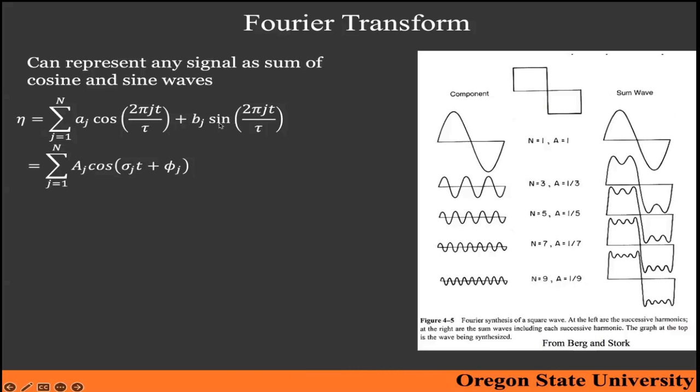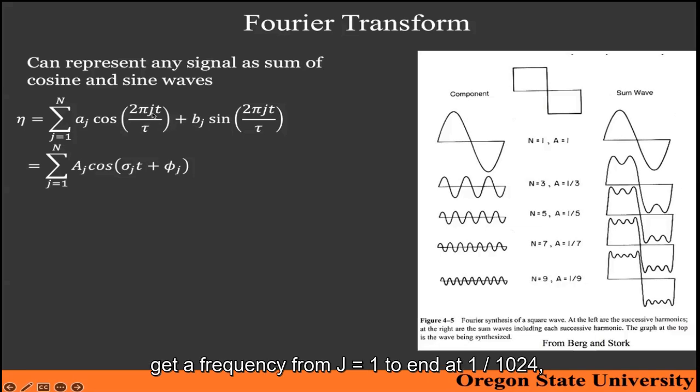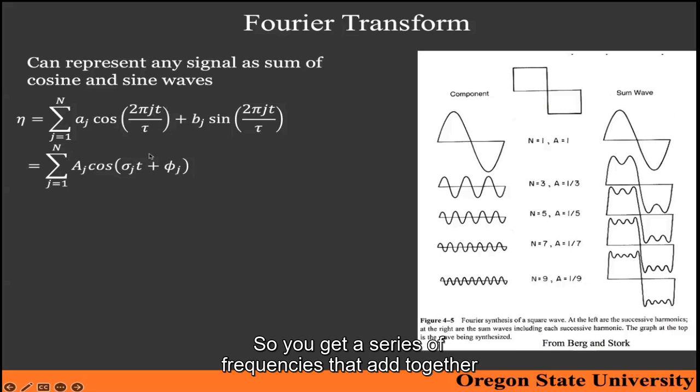There are frequencies. If tau is the length of the record, 1,024 seconds, then you get frequencies for j equals 1 to N at 1 over 1,024, 2 over 1,024, 3 over, etc. So you get a series of frequencies that add together.